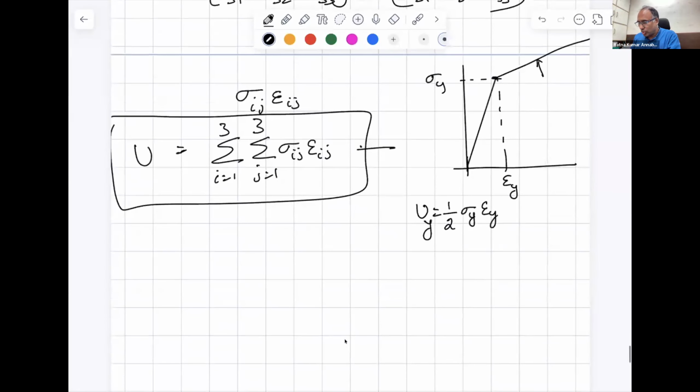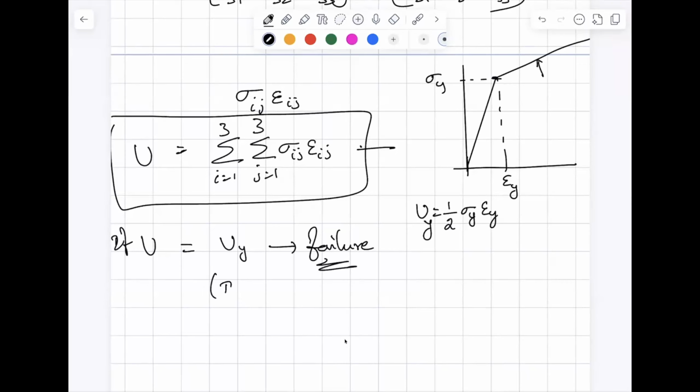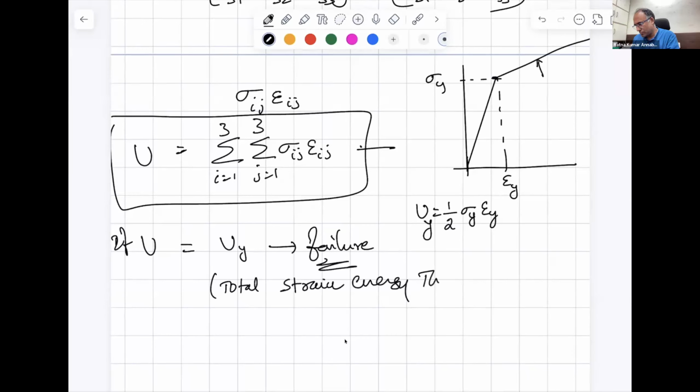Then the total strain energy theory tells you that if U becomes equal to U y, that is when failure happens. Is that clear? This is what we call the total strain energy theory, or Haigh's theory.